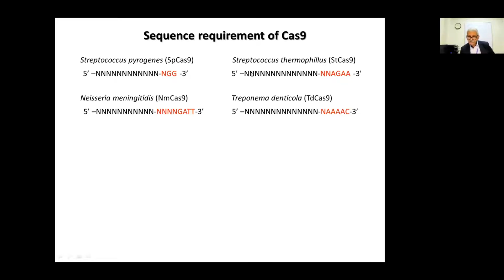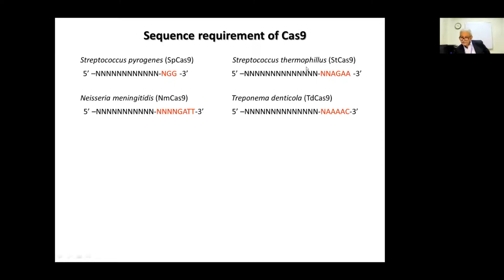The most common Cas9 that we talk about is SpCas9. If you look at the PAM site of this Cas9, it is NGG. This is what we most often talk about, and you must know that it is from Streptococcus pyogenes, and this is from Streptococcus thermophilus.